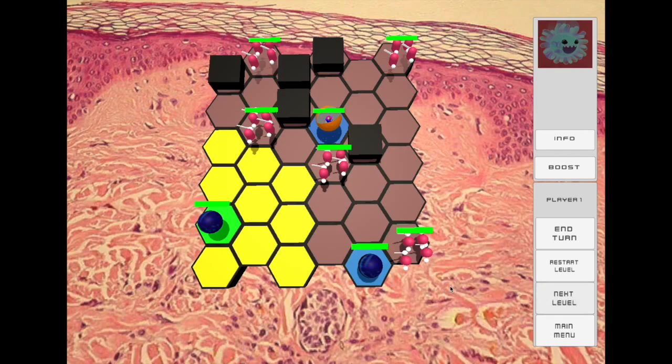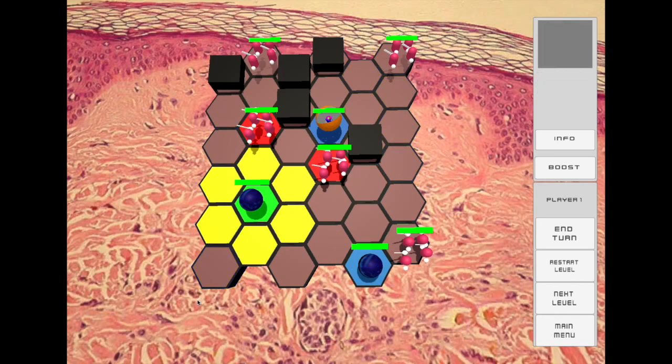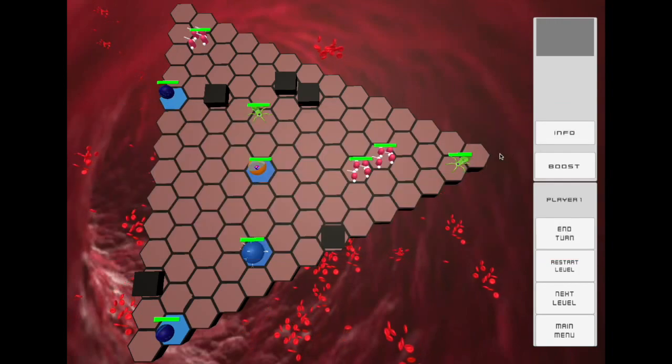The music in the first scene, if you can hear it, let me turn it up. It was chosen to be kind of jovial, similar to if you're playing a video game and you're in the town hall, something along that nature. The first level is more of a tutorial level to get you familiar with the game mechanics. But really my ultimate goal is to create a state of flow.